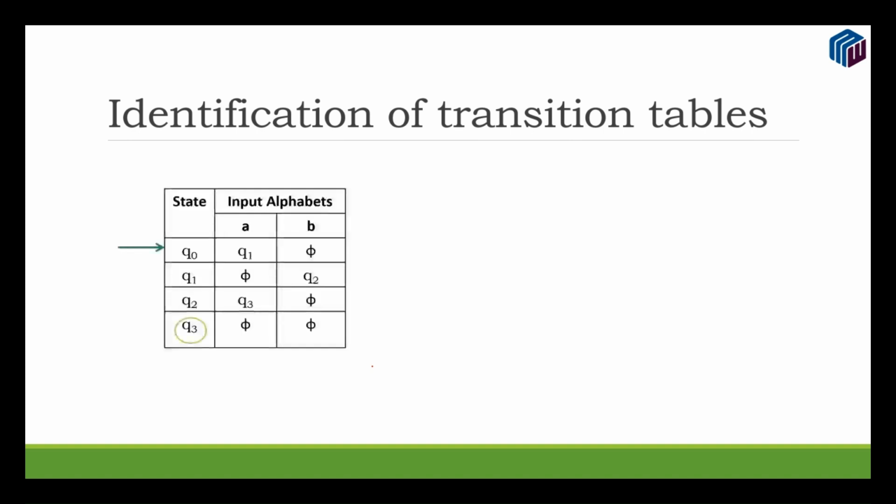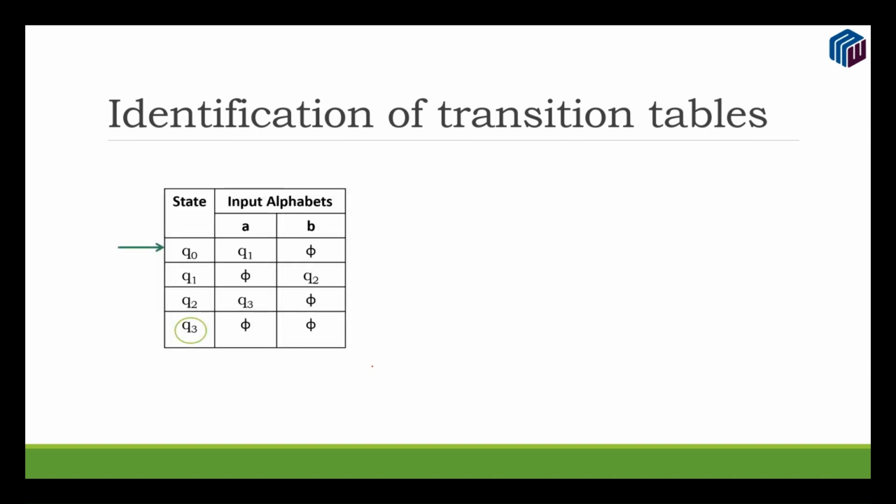Now we will see how to identify whether a transition table belongs to a DFA or an NFA. By looking at the table, we can say whether the given table is a deterministic finite automaton or a non-deterministic finite automaton.